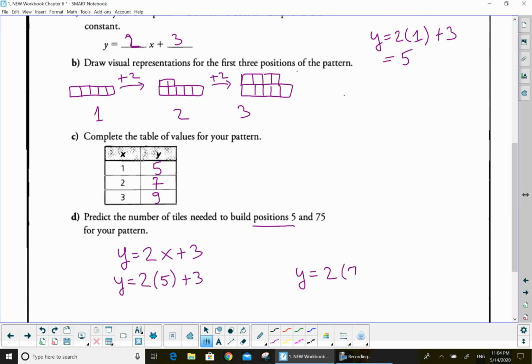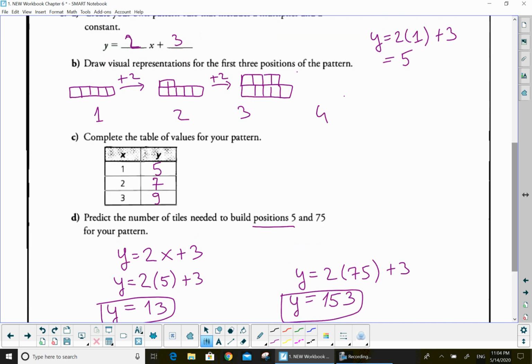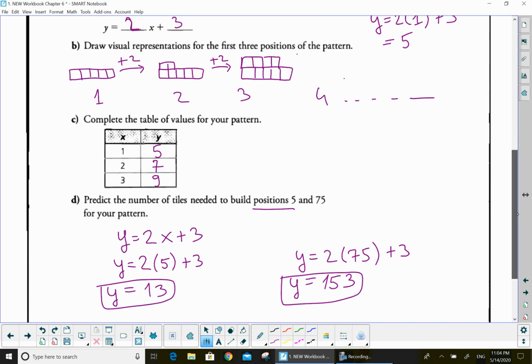And the last one says predict the number of tiles needed to build position 5 and 75 for your pattern. So again, I'm just going to use simple substitution. Our pattern rule was 2x plus 3, and I'm going to substitute 2 times 5 plus 3, and I'm also going to substitute 2 times 75 plus 3.